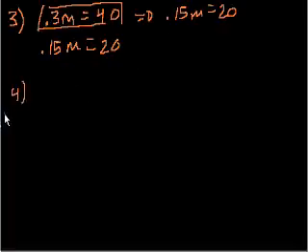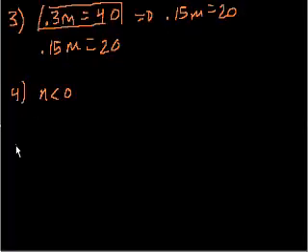Problem 4. If n is any negative number, so n is less than 0, which of the following must be positive? So I can already tell you that the only way you can take a negative number and make it positive is either if you square it, or if you multiply it by another negative number, or if you subtract it, actually, now that I look at the choices.